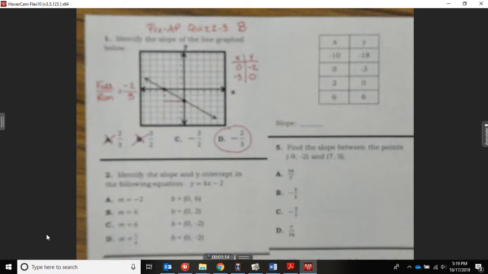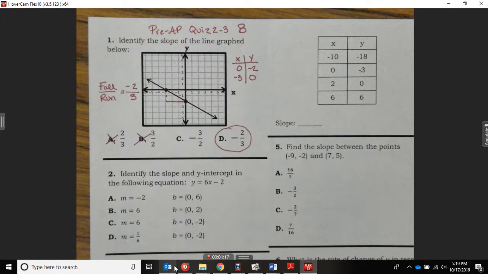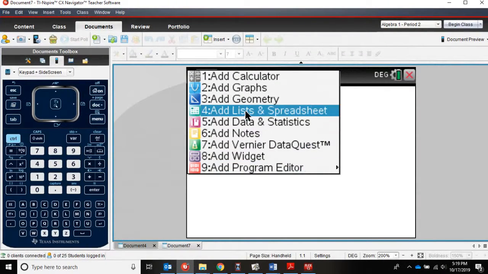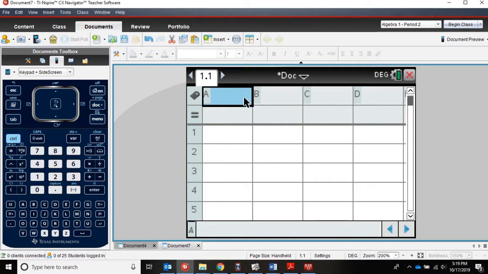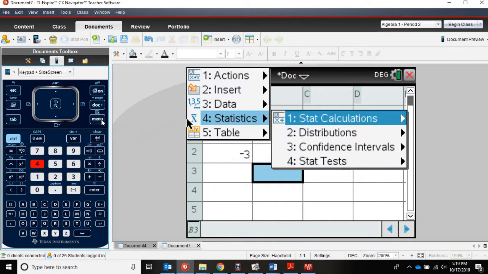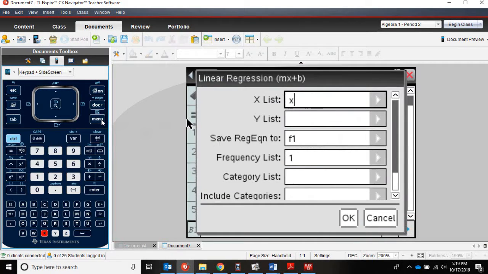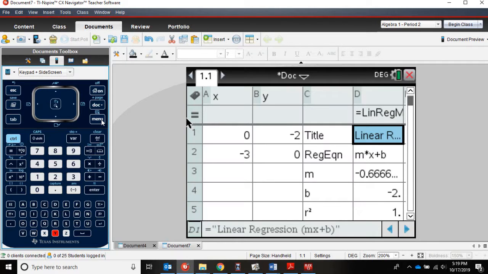And then if I go to my calculator, and I use list and spreadsheet, so that's number 4, I put X and Y at the top, and I type in my points, 0, negative 3, and then I have negative 2 and 0. Remember the steps for menu, 4, 1, 3, change X to X and Y to Y, and then click OK. And it tells us our slope.